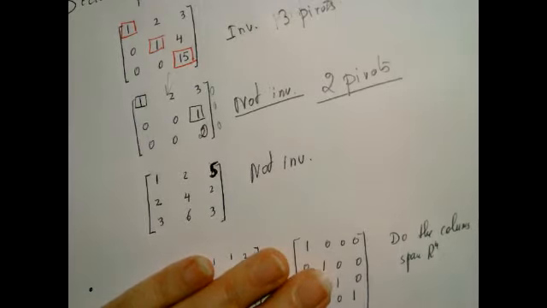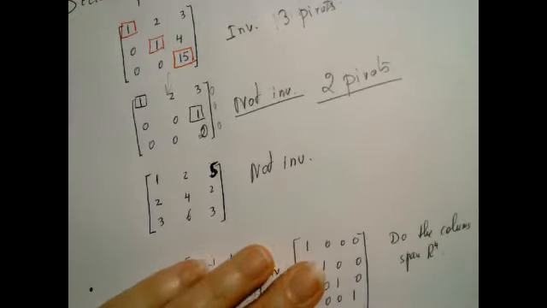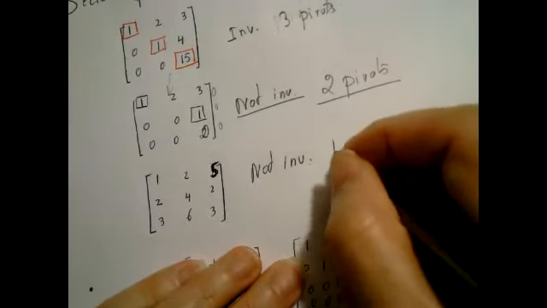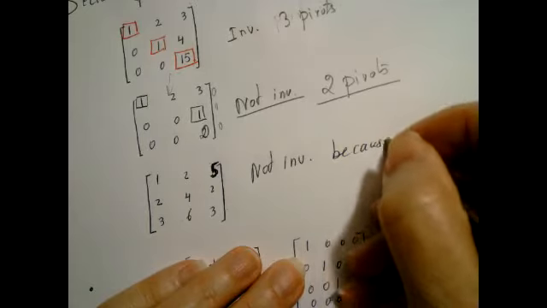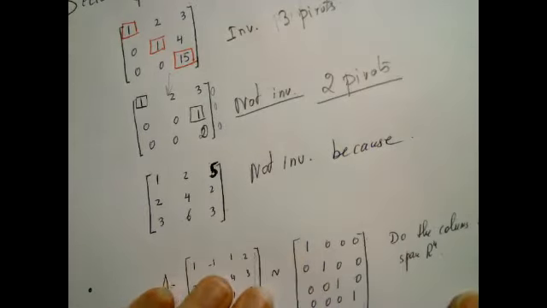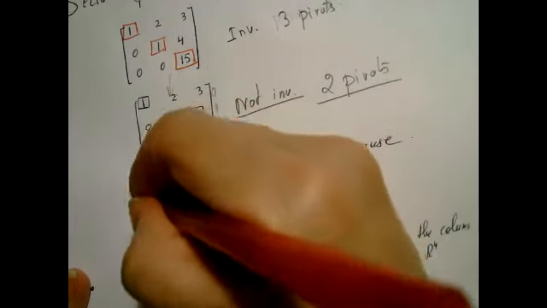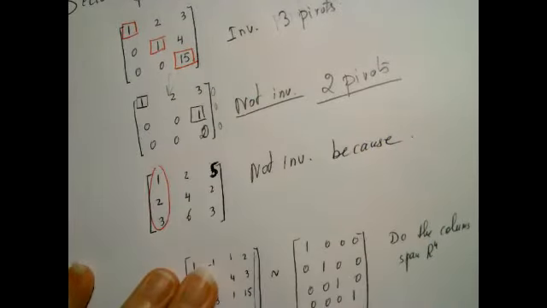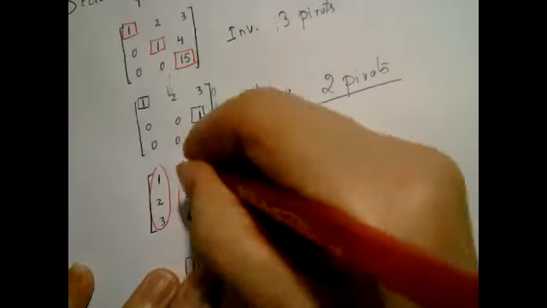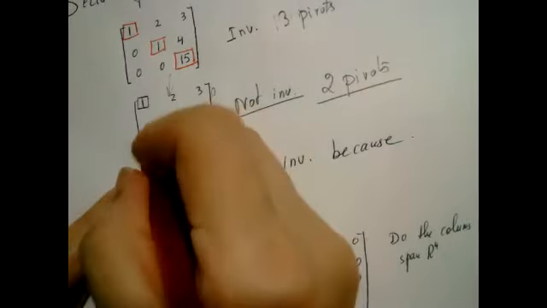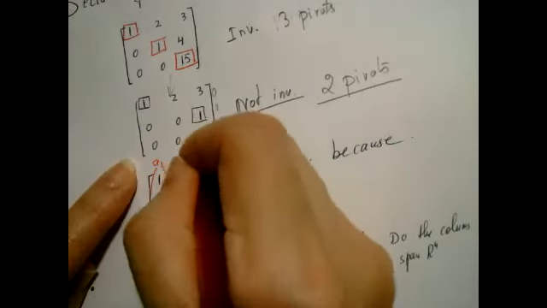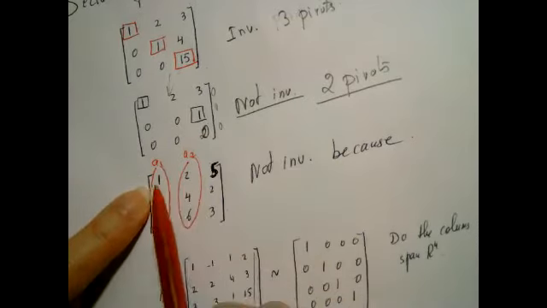They are linearly dependent because. Which ones are dependent? I want you to look at this vector and this vector. What do you notice? How did I pick A2?